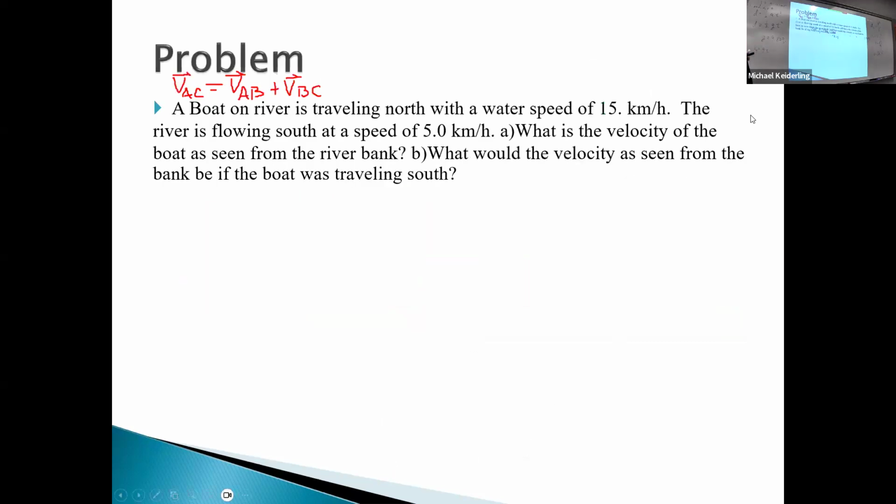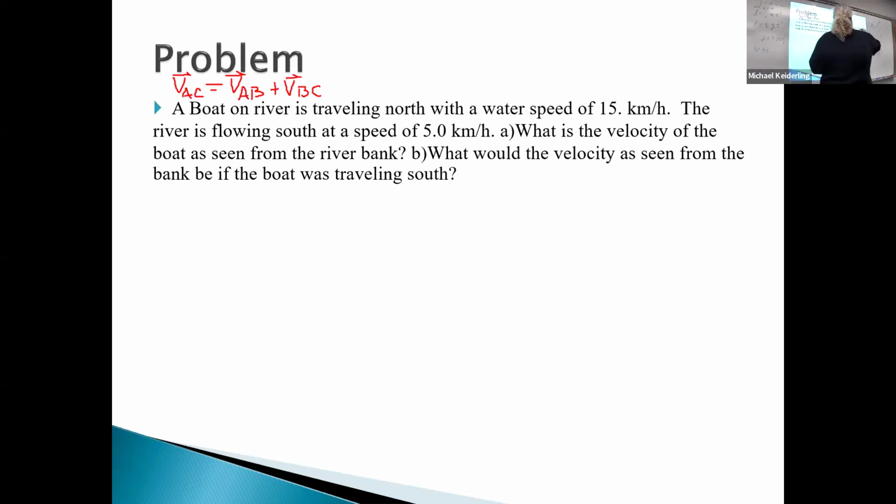So a classic example is a boat on a river. A boat on a river is traveling north with a water speed of 15 kilometers per hour. The river is flowing south at a speed of 5 kilometers per hour. His water speed is his speed with respect to the water.